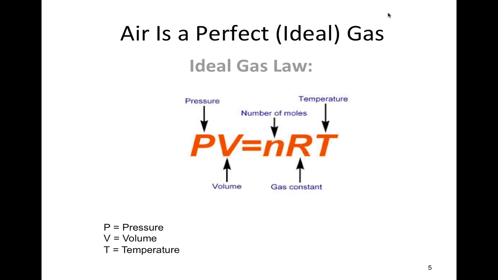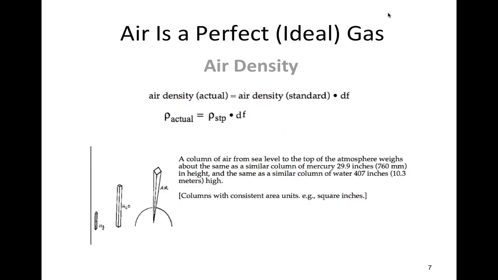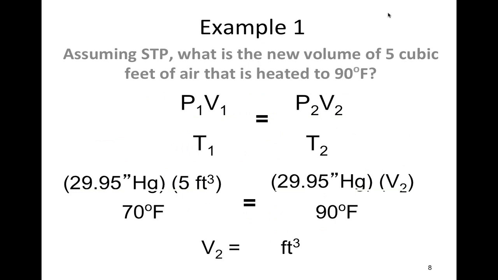On those days, if we really wanted to be accurate, the actual density is going to be equal to the density at standard temperature and pressure times some differential factor that we're going to multiply it by. That differential factor is going to be based on temperature and some other factors. We'll actually look at that in a second. So rather than calculate this by using the original formula every time, we're going to use a table to do it for us, and we have exercises to do that with later on.